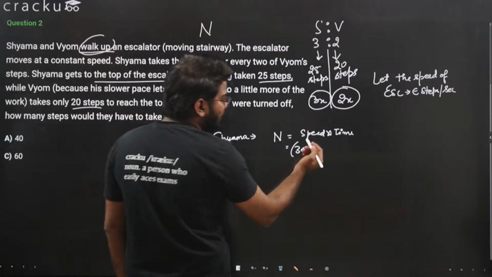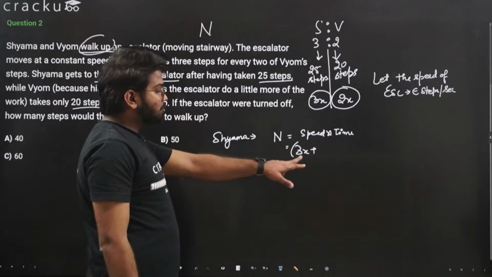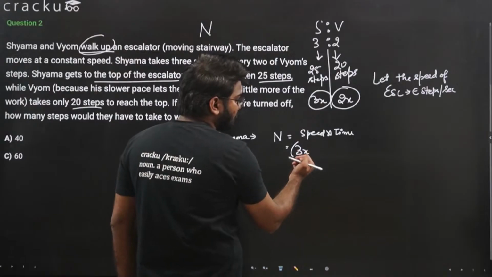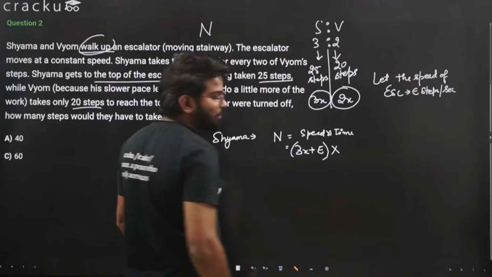So the relative speed will be the sum of their speed, that is 3x, which is the speed of Shama, plus the speed of the escalator, that is e, into the time taken.